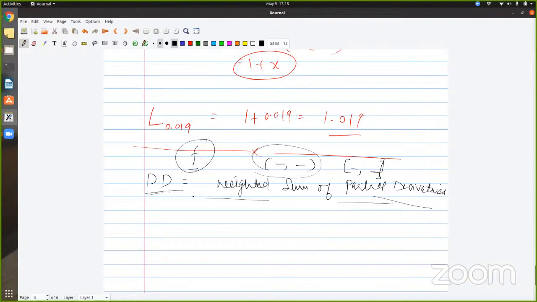So it's a weighted sum of partial derivatives. First you will compute the partial derivatives of f, which is grad f. Now this weighted sum will be computed as per this direction vector. Let's call it d. The direction will always be given to you.